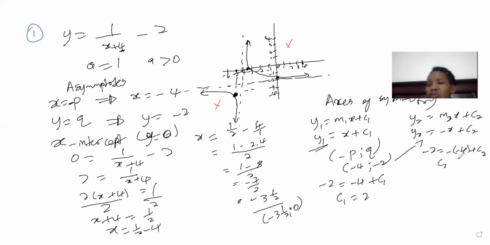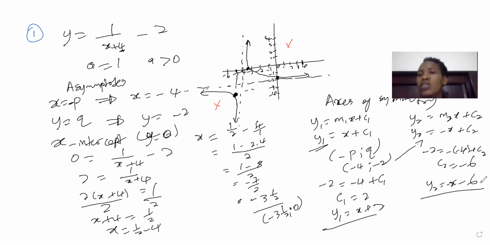Therefore, c2 is going to be -6. Therefore, y2 is equal to -x minus 6. Y1 is equal to x plus 2. Now, take these two lines, those axes of symmetry. These are the lines that are going to divide your graph, that are going to mirror your two graphs, okay?